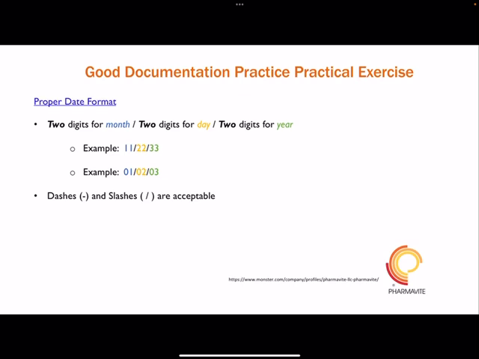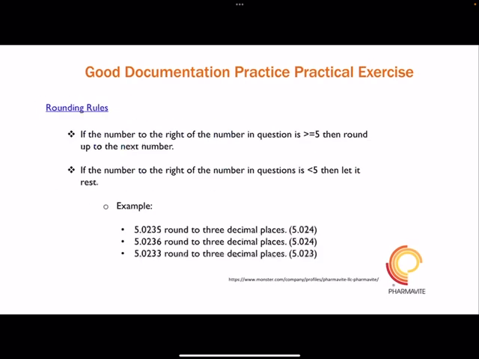Examples include 11/22/33 or 01/02/03. In either case, use that leading 0 if you need to use a number 9 or less. Dashes and slashes are acceptable.